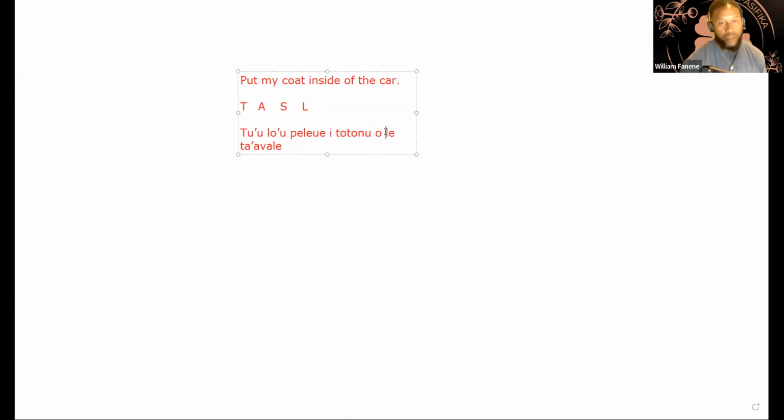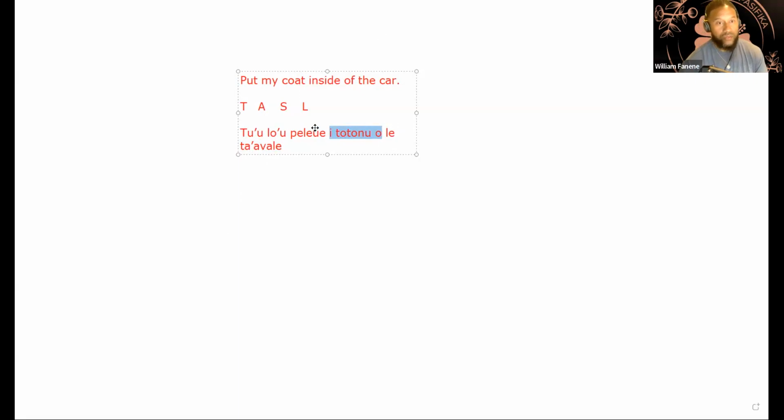A lot of people do write it together like that, but if I'm trying to teach it, it's a lot easier to keep it separate, like itotonu o. I'm not sure if I'm answering your question correctly. But itotonu o and then le ta'vale. So you just put all of this part together, itotonu o and then le ta'vale. Okay, all right. Thank you.